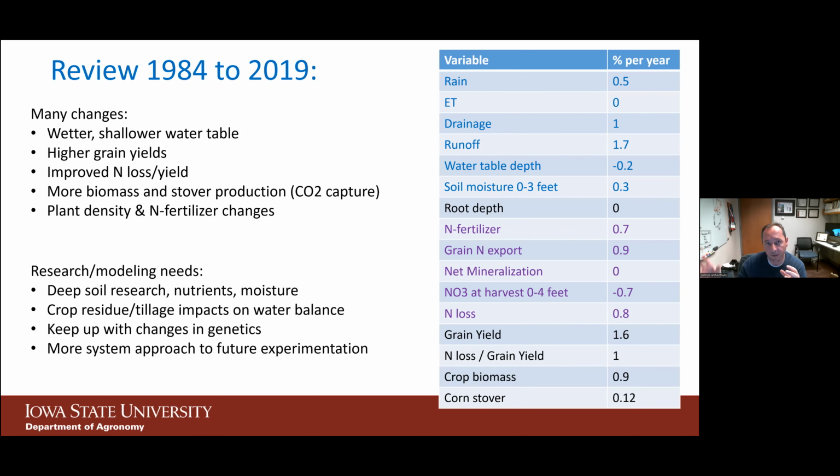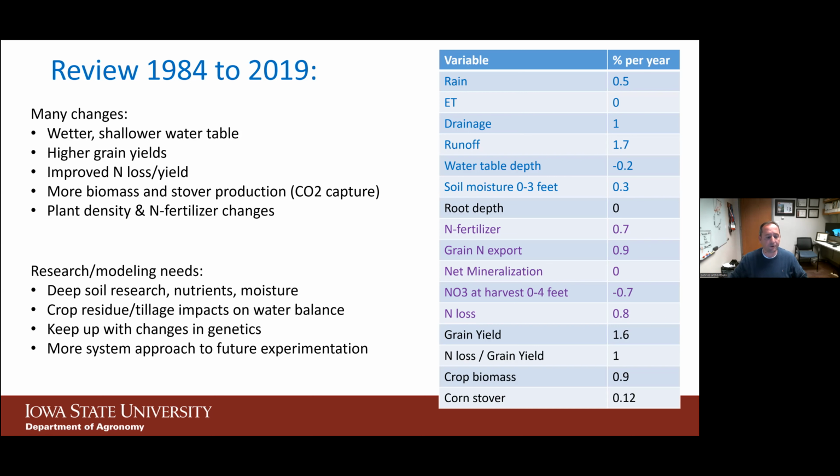Of course, we don't translate everything to carbon sequestration, but we have higher CO2 uptake. At the same time, we have higher stover production, which is something we need to think more about as we manage the crops for future years and in terms of nutrient requirements. And we see many changes in the management.